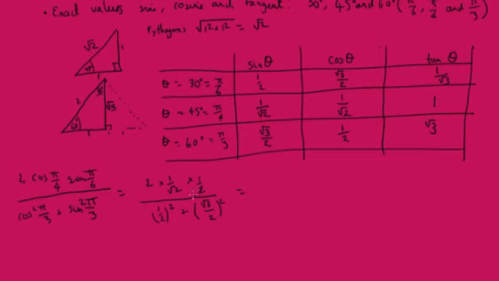So the 2's here are going to cancel. So we've got 1 over root 2, all over, we're going to have 4's on the bottom, so that's a 4, and we'll have 1 plus root 3 here.